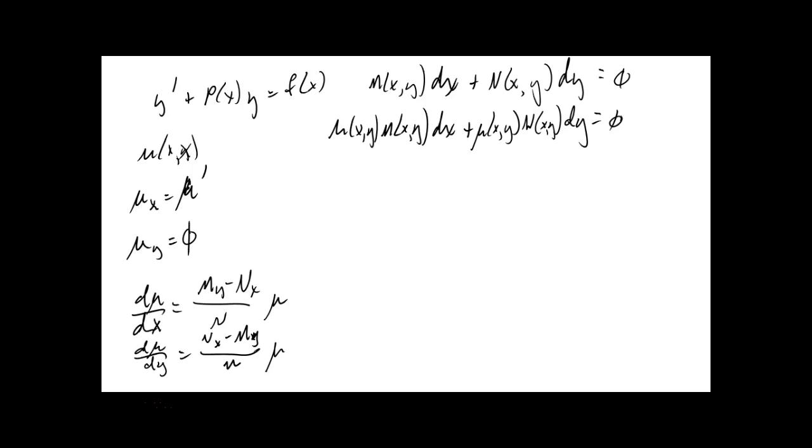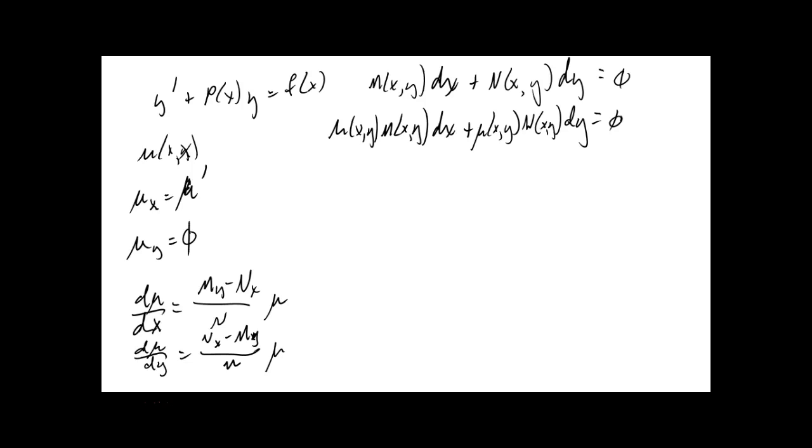If that comes up a function of x alone, you're ready to run. If not, try the other way: partial n with respect to x, which you've already done, minus partial m with respect to y, which you've already done, divided by m, which you already know. If that becomes a function of y alone, you're ready to rumble.